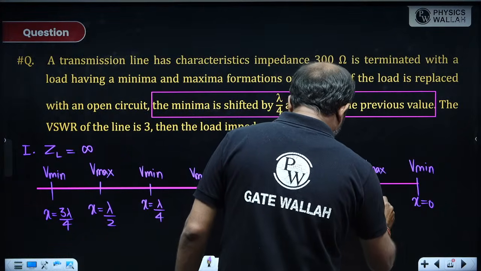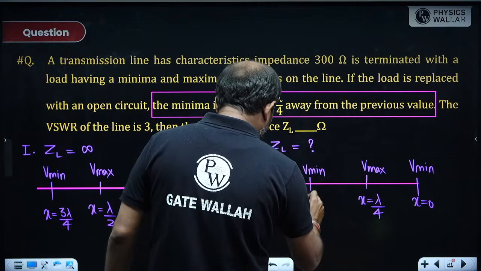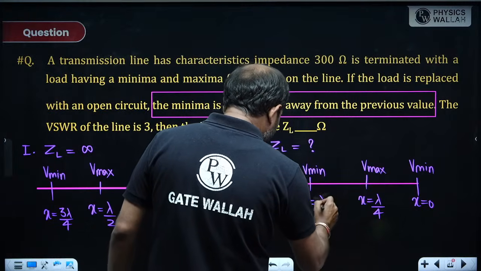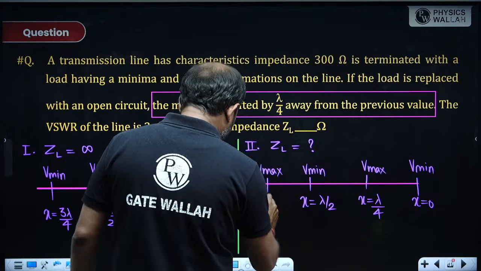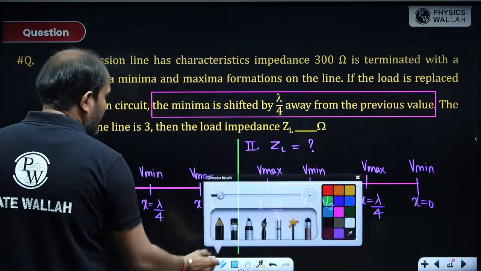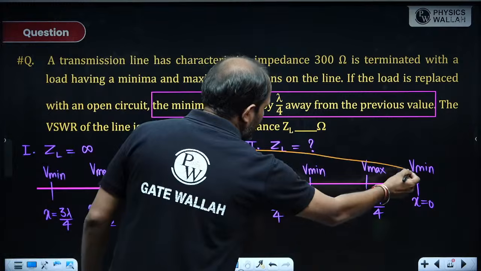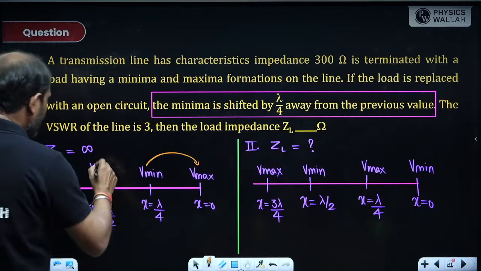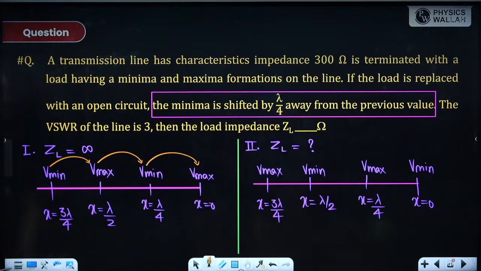At x is equal to lambda by 4, V max; at lambda by 2, V min; and at 3 lambda by 4, V max. So V minimum will shift to V maximum, and V maximum will shift to V minimum, shifted by lambda by 4.